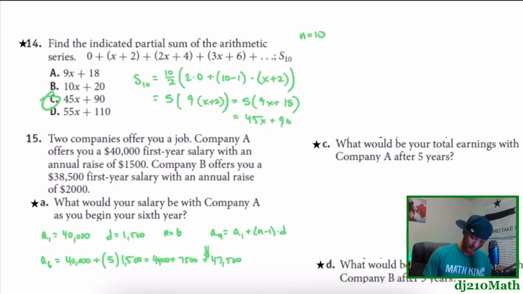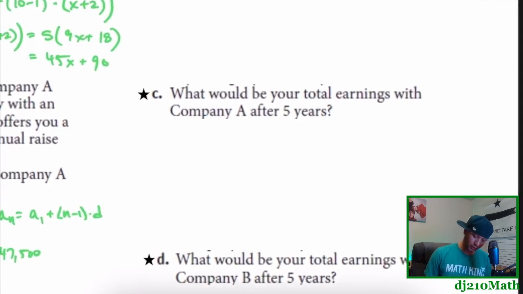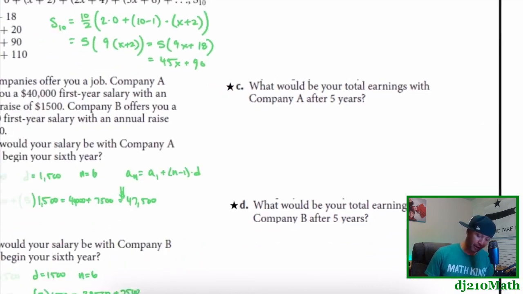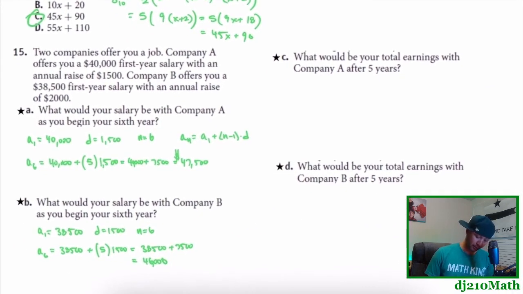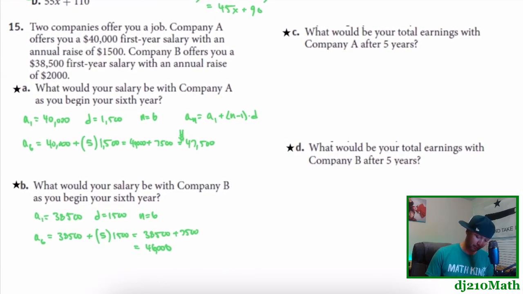Okay. C, what would your total earnings be with company A after 5 years? All right, so again, the same problem, except we're looking for a sub 5 with all the calculations from A, right? n would be 5. So it's the same formula, except n is equal to 5.